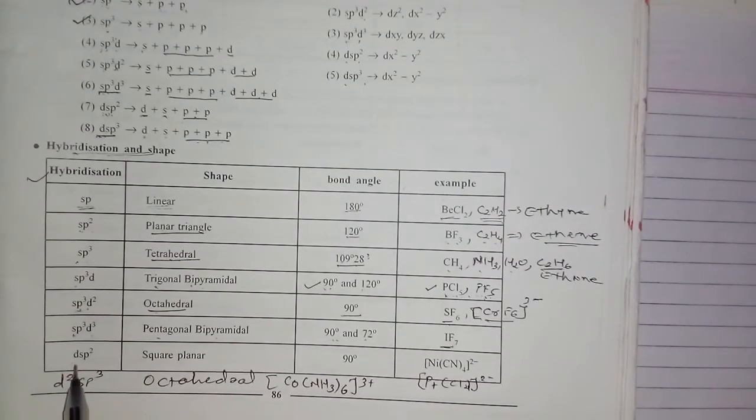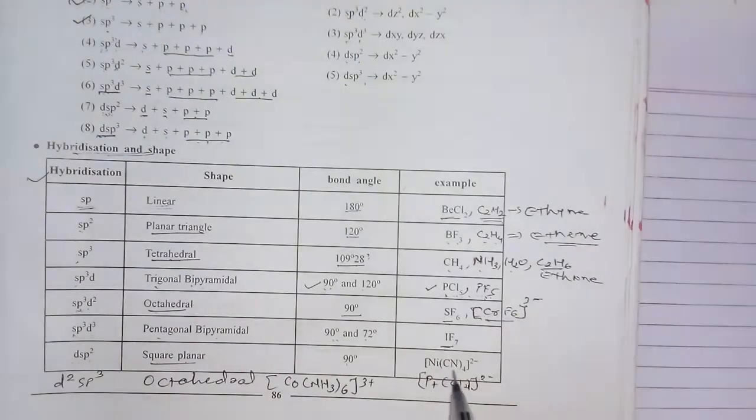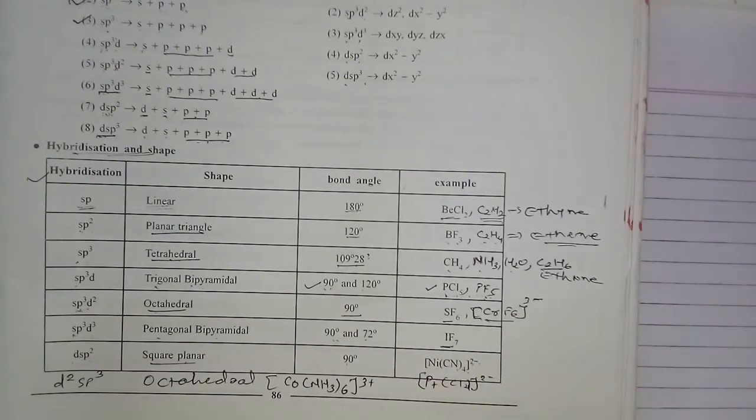And the last is dsp2 type hybridization. Its shape is square planar, with 90 degrees, for example Ni(CN)4 2 minus.